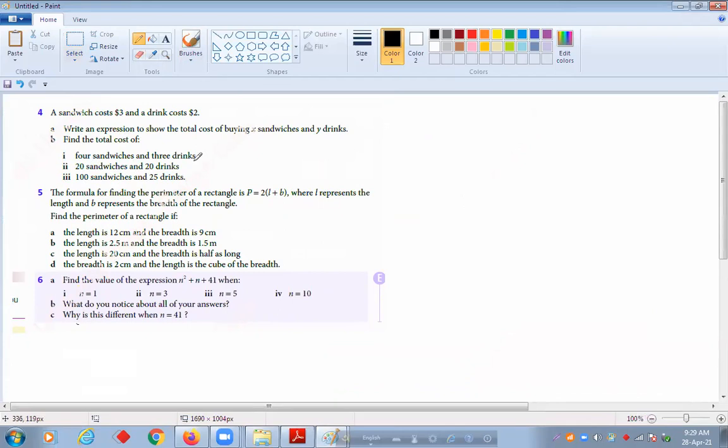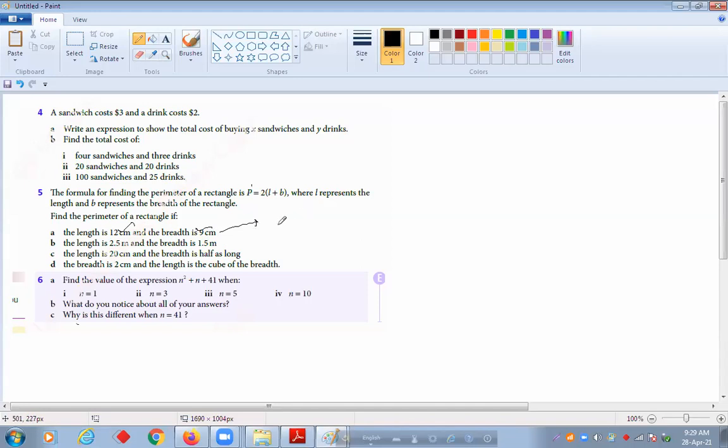Question number 5. The formula for finding the perimeter of a rectangle is this, where L represents length and B represents breadth of the rectangle. Find the perimeter of rectangles if the length is this and breadth is this. Sir, you have to find perimeter, it is easy.